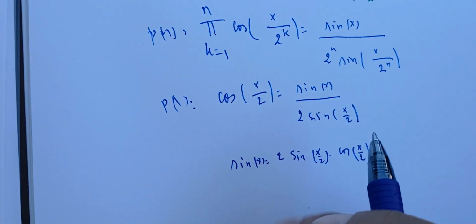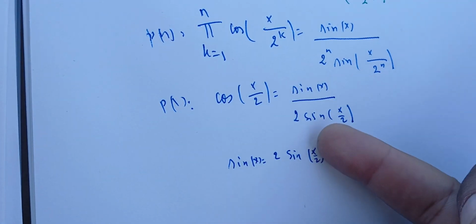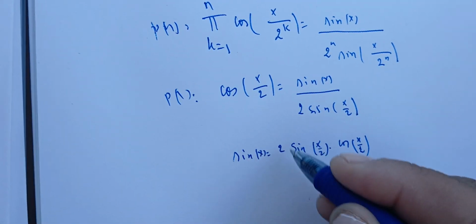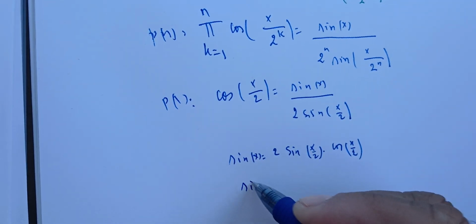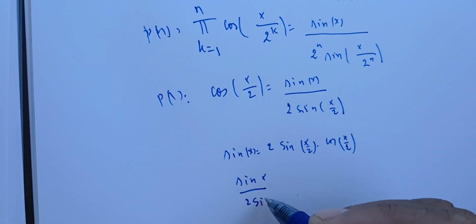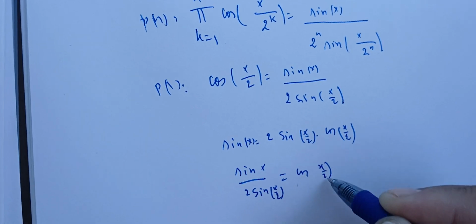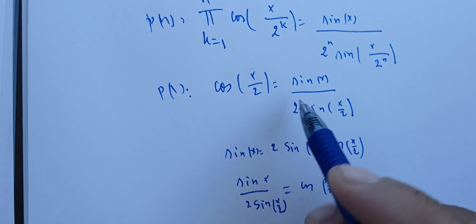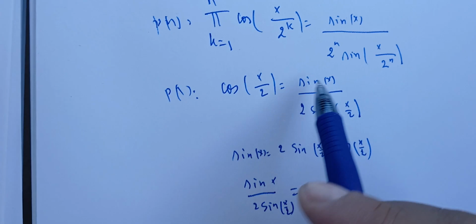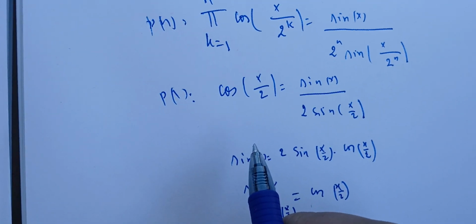If we assume that sine of x over 2 is never 0, and we divide, we're going to get sine of x over 2 sine of x over 2 is just the cosine of x over 2. Therefore, P of 1 is true. This statement is true for n equals 1.